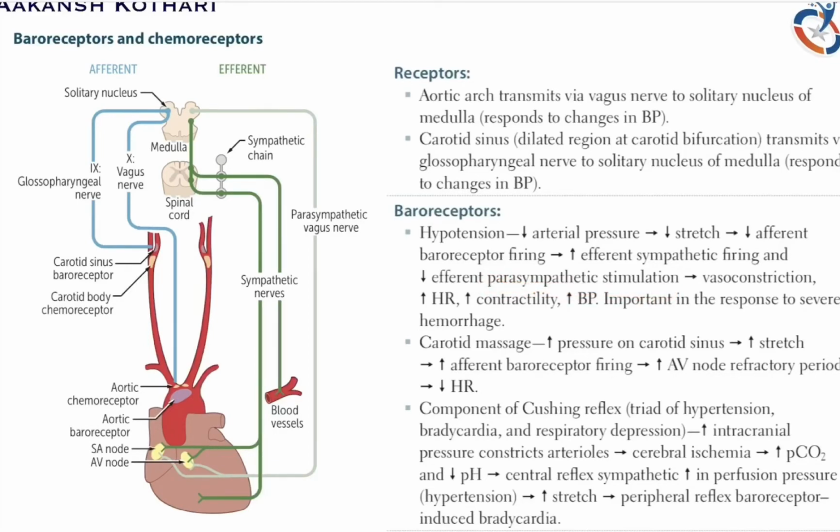Now, due to this mechanism, there is vasoconstriction, increase in the heart rate and contractility, and eventually an increase in the blood pressure. And hence, it is an important response during hemorrhage. Now, during hemorrhage, due to excessive loss of blood, there is hypotension, and hence, due to increased efferent sympathetic firing and decreased parasympathetic stimulation, there is restoration of the blood pressure.